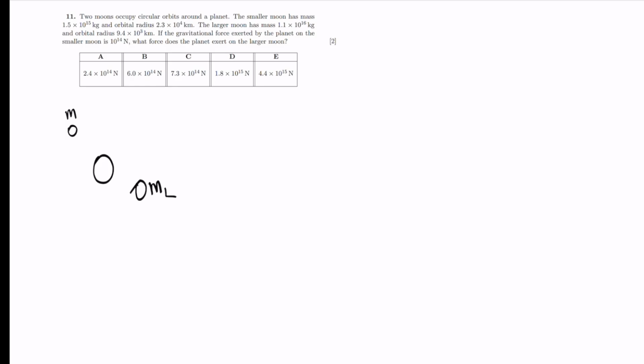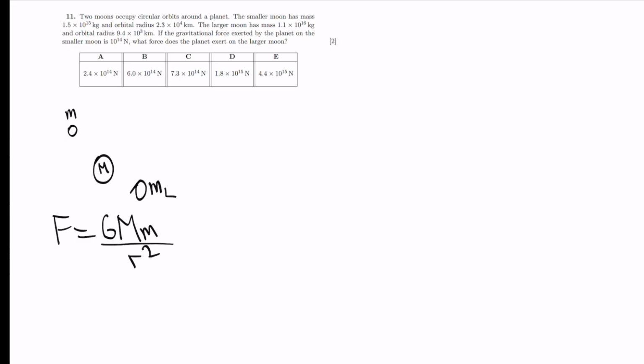Okay, so let's write down some equations. For the smaller moon, the force exerted will just be the gravitational force, which is just given by GM, where capital M will be the mass of the planet, multiplied by the mass of the smaller moon, and then divided by its orbital distance squared.